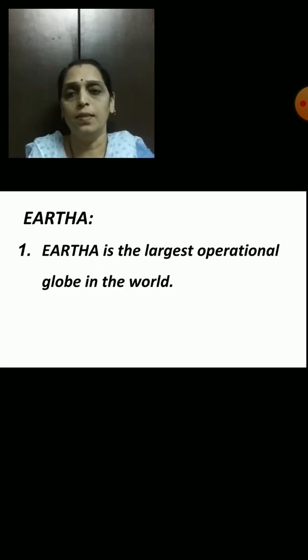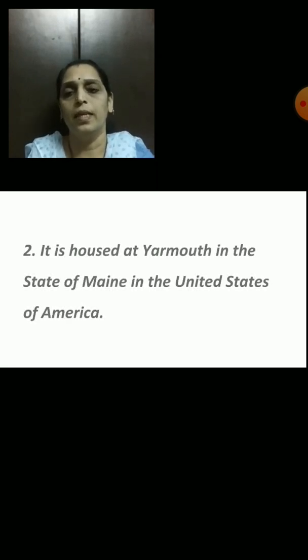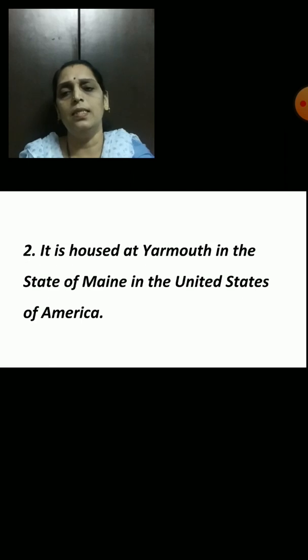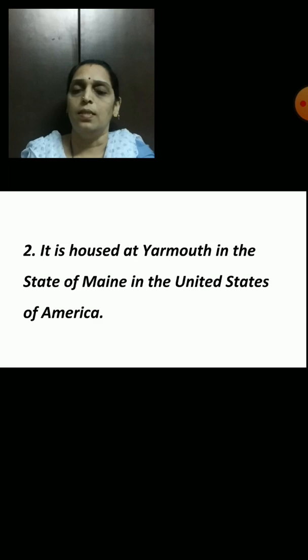Now the next, second point. It is housed at Yarmouth in the state of Maine in the United States of America. Where is Eartha housed? Yes, Eartha is housed at Yarmouth in the state of Maine in the United States of America.